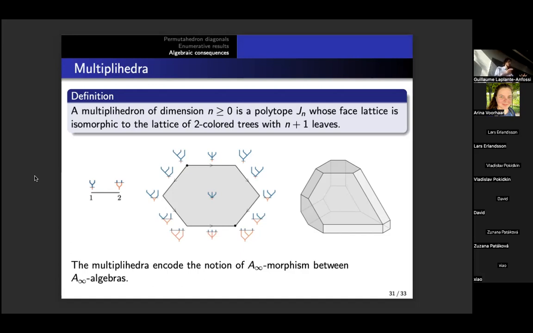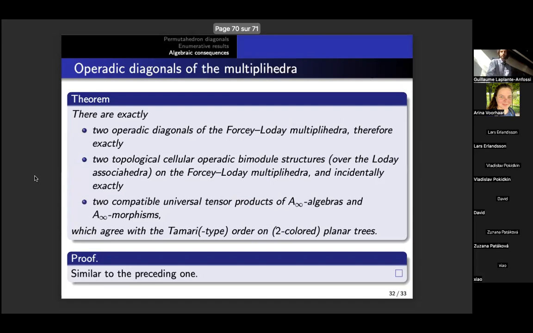But these are really important. They encode infinity morphisms between infinity algebras. These show up everywhere in homotopy theory and also in other branches of mathematics. And the preceding result implies, based on some work that I did with Thibault Mazouire, that there are exactly two operadic diagonals for the multiplihedra and two operadic structures on them, and consequently exactly two tensor products of infinity algebras and infinity morphisms that are compatible with each other.